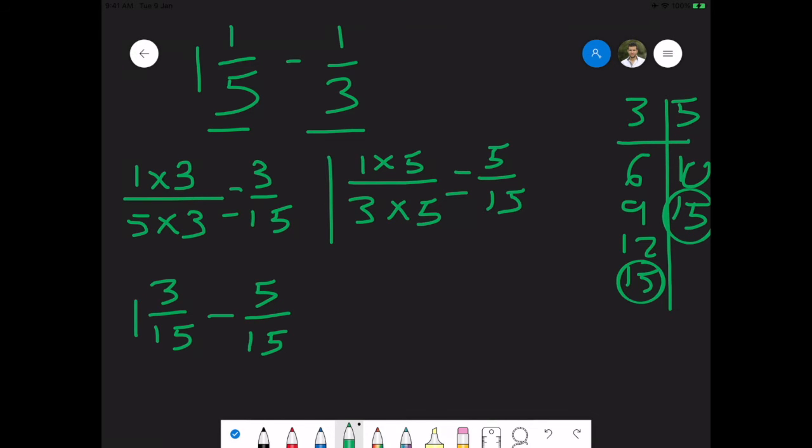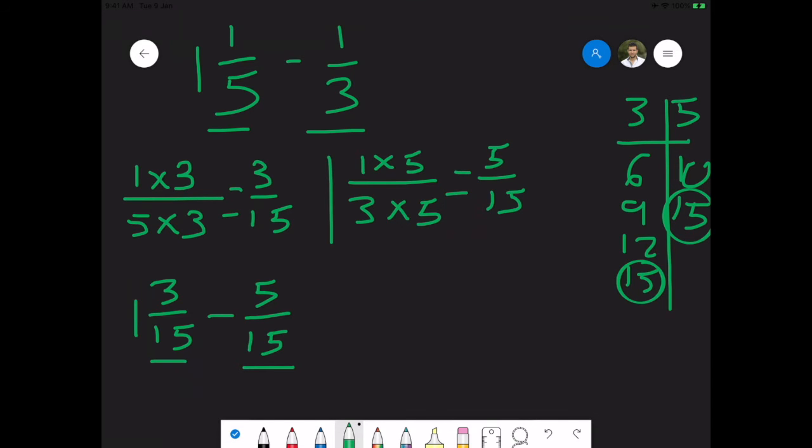Alright, now that we have a common denominator between the two fractions, let's see what we're going to do. We only have one whole number, which is 1 over there, and let's look at our fractions. We have 3 out of 15 minus 5 out of 15. So the challenge here is, how would we subtract 5 from 3?